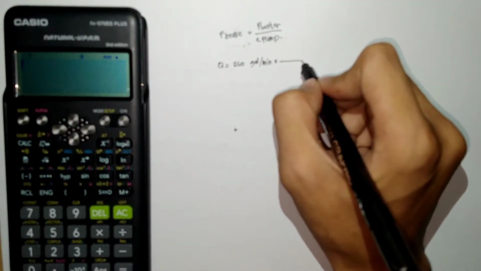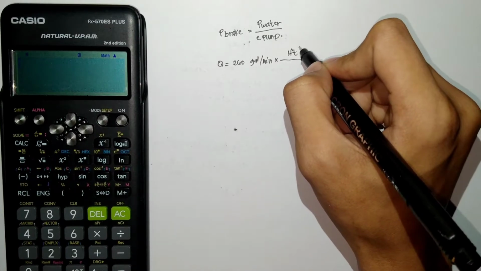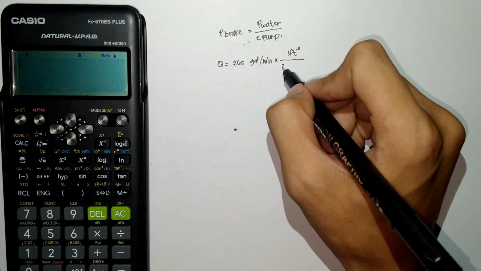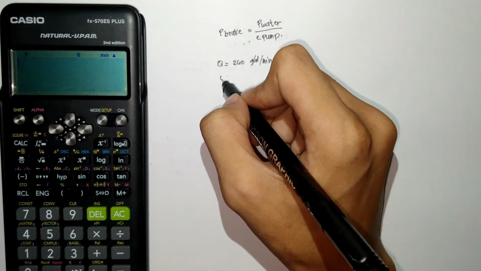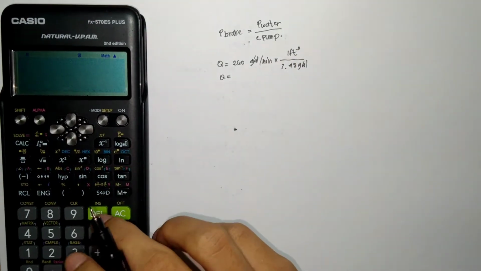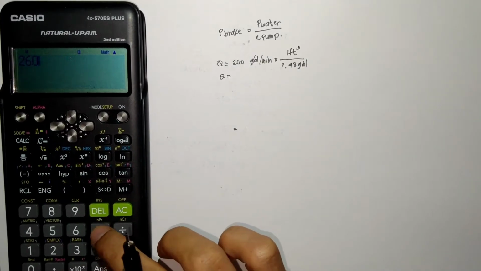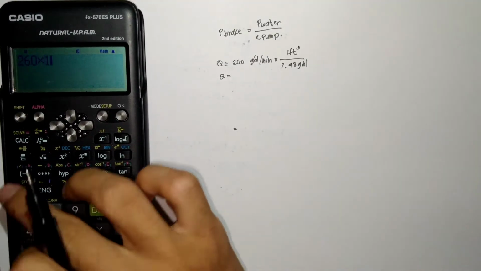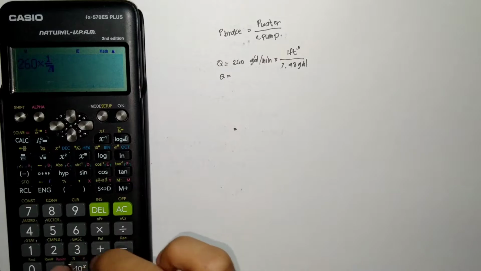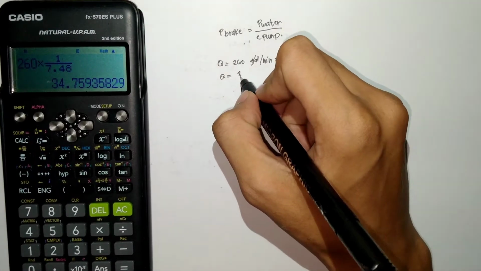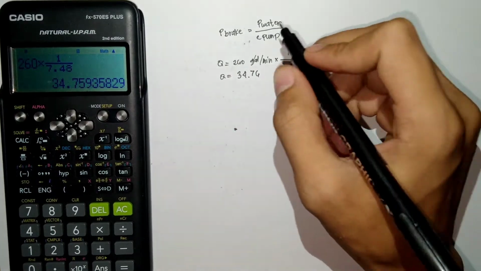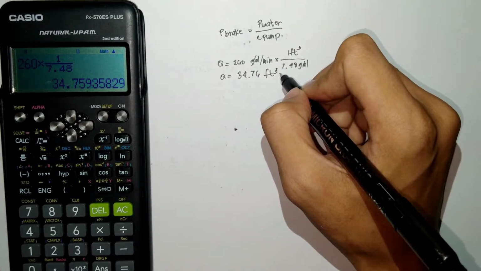We have 1 feet cubed is equivalent to 7.48 gallons. So cancel the gallon. Volume flow rate is equal to 260 times 1 over 7.48. We have 34.76 feet cubed per minute.